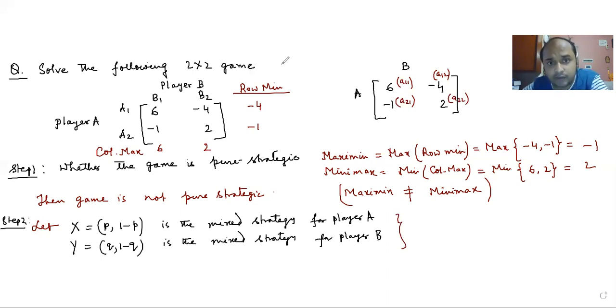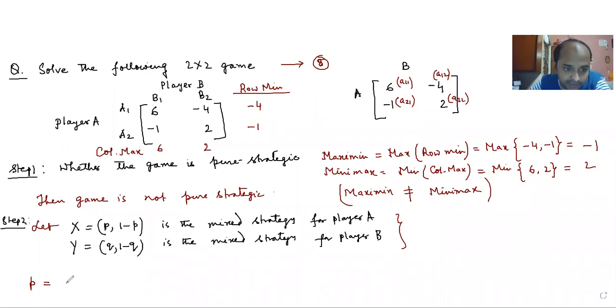Suppose the mark of the question is 5, then it would be nice if you directly write the formula for P and 1 minus P and Q and 1 minus Q. But if the mark of the problem is more, say for example 8, then you have to do the entire mathematics that I have done in the previous stage. In this type of problem 8 marks do not come, 5 marks are allotted, so you can directly apply the formula.